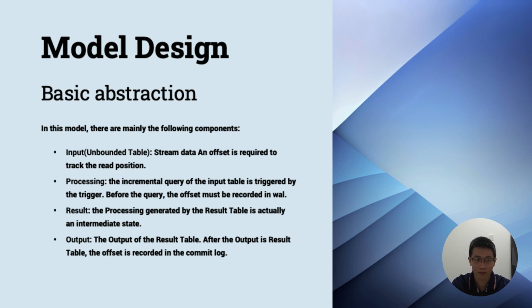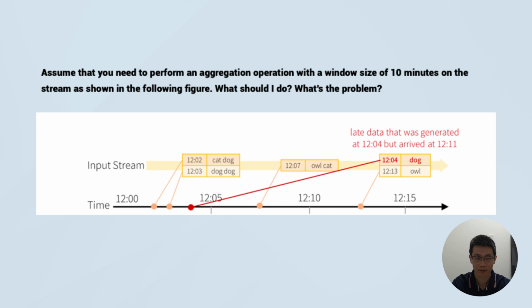Additionally, the output from this result table requires specific strategies, and once output, it needs to be logged in a commit log for fault tolerance, like the WAL. Now, let's delve into some further considerations regarding this conceptual framework. Let's continue exploring together.